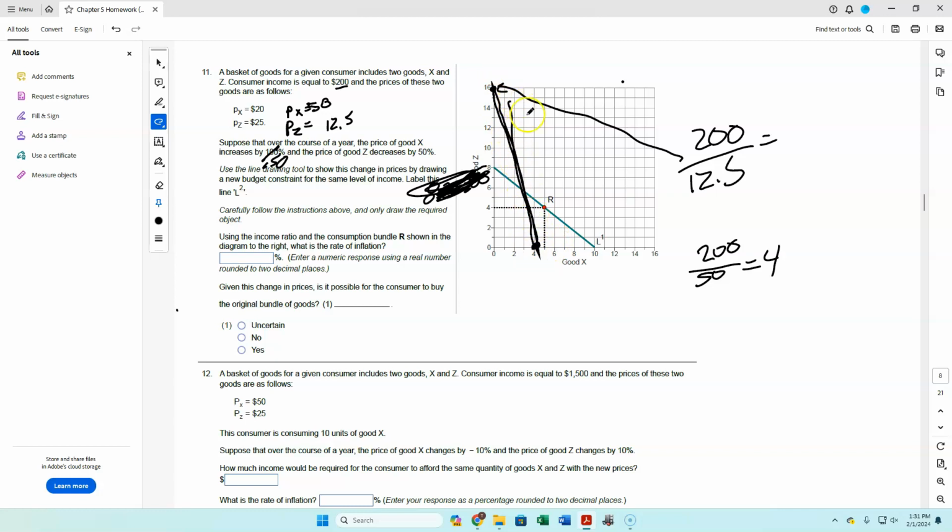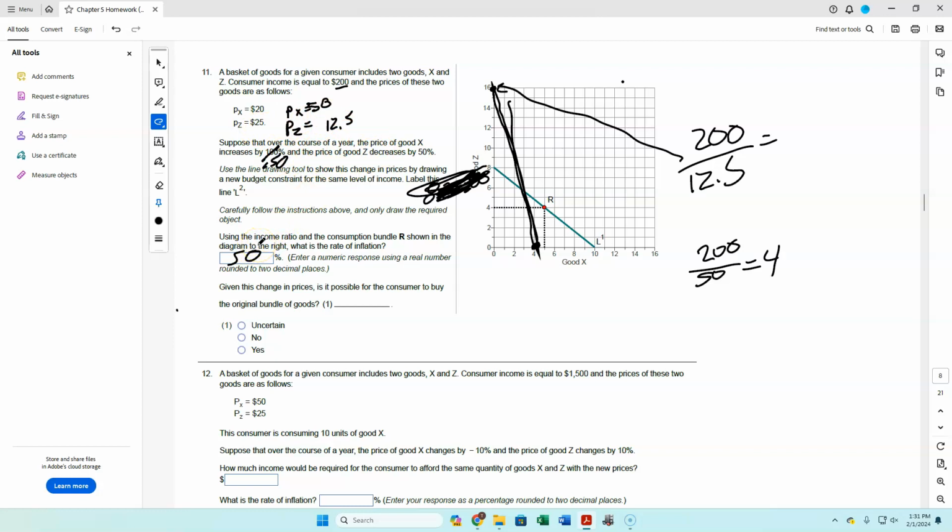So now my budget constraint is going to look like this, which is going to give me overall a 50% increase. So I've got one going up by 150, the other one going down by 50.